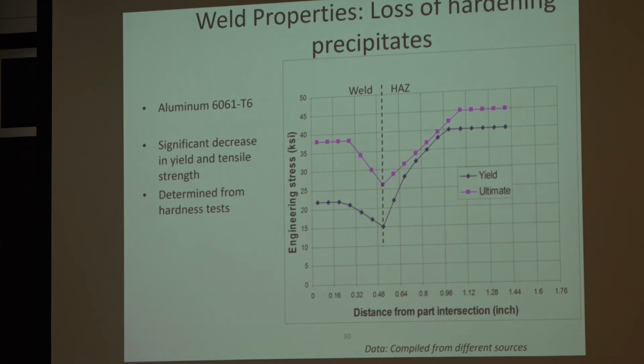And that is where your strength will go down from, in this example, a yield strength of 40 KSI. So that'd be maybe 275 megapascals, something like that. And then it goes down here to 15 in that region that was heated. It becomes a regular soft aluminum because you've lost all your precipitates.